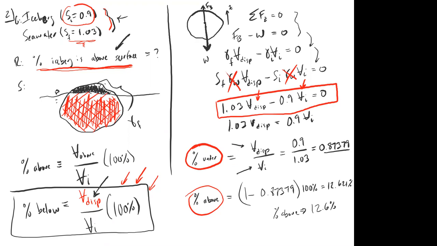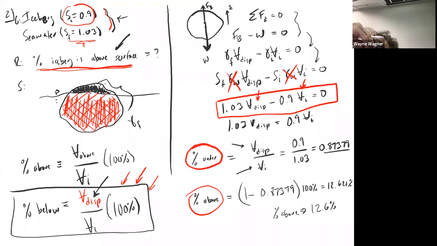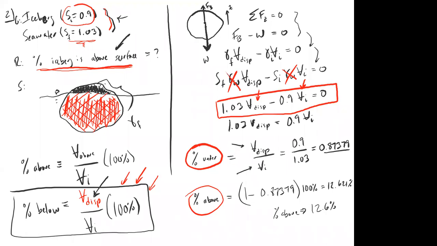So basically, if you had solved just one of those, say if you had VI equal 1.03 divided by 0.9 of the volume displaced, would it be the same answer or would it be different? I'm not sure I understand the question. Repeat that. I'm saying, like you have the 1.03 volume displaced equal the other one.